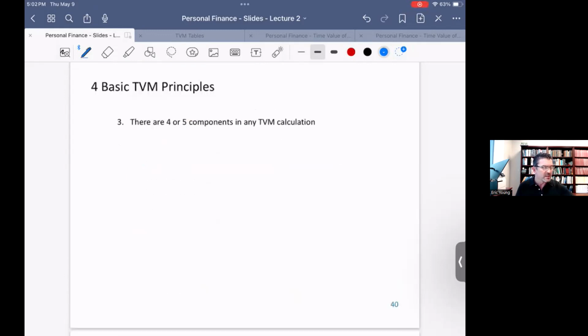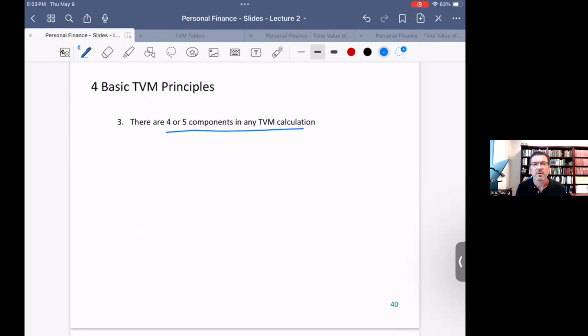Now, when we're doing time value calculations, there's 4 or 5 components that make up every calculation. Okay, there's 4, sometimes 5 components that make up every single TVM calculation. So at the end of the day, while time value stuff seems very complicated, it's really pretty straightforward.